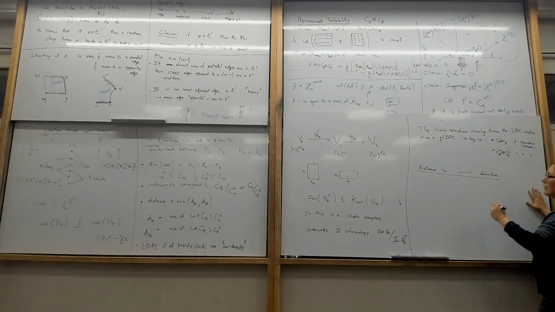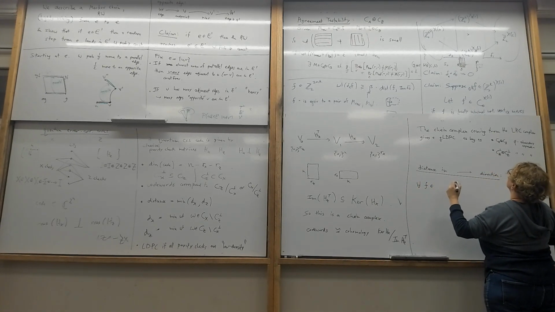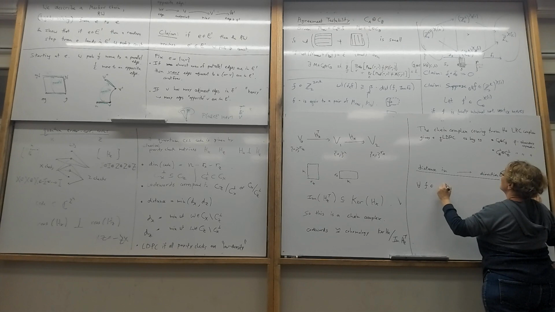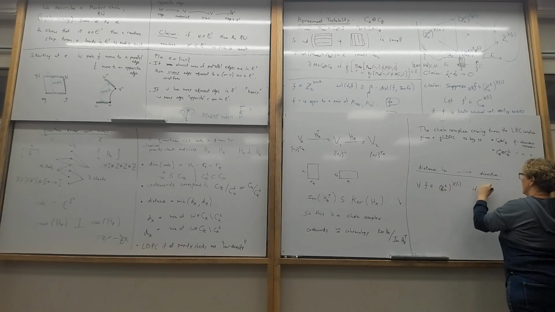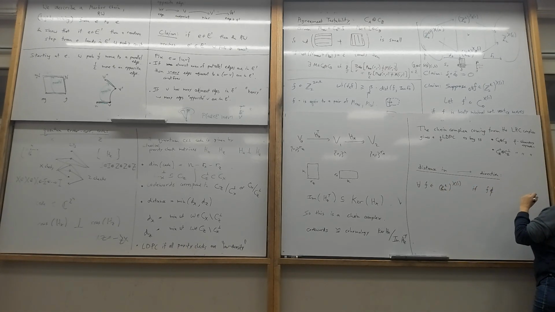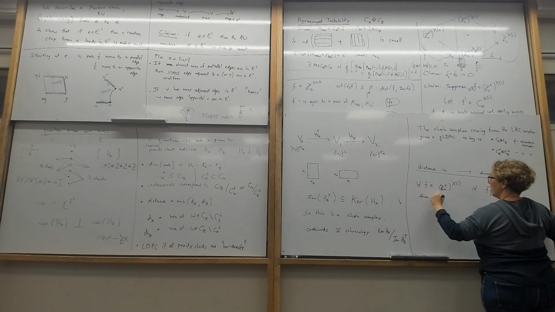So I want to show that for every f in Z2^k to the x1, if f is not in the image of delta 0, then the weight of f is large.